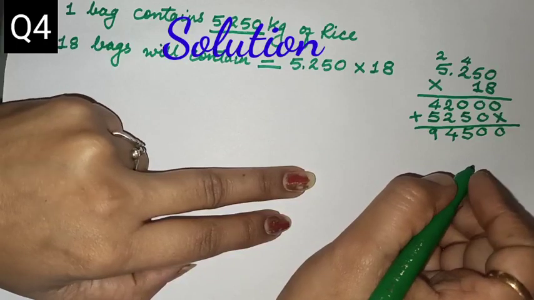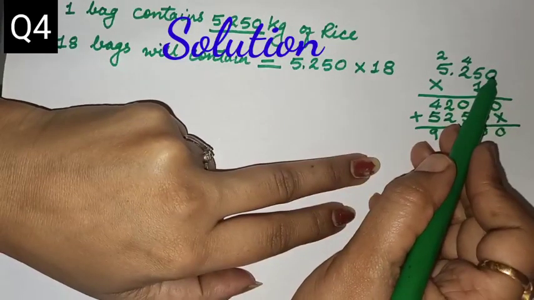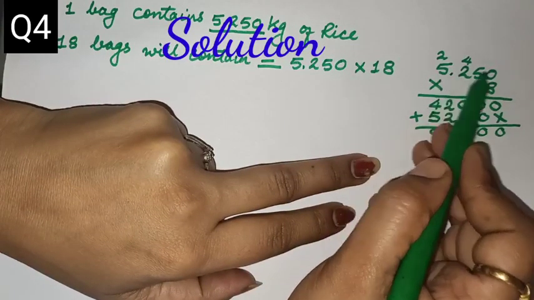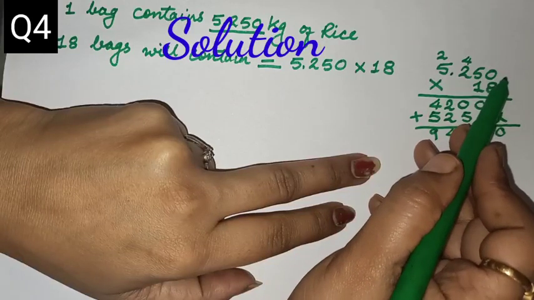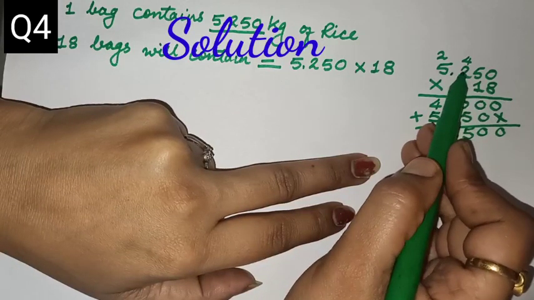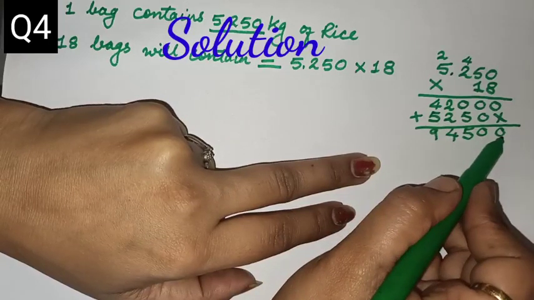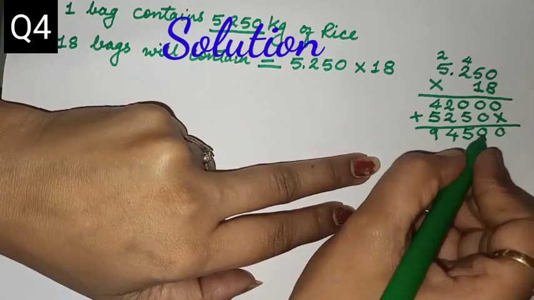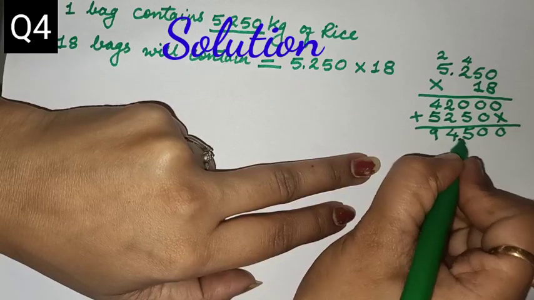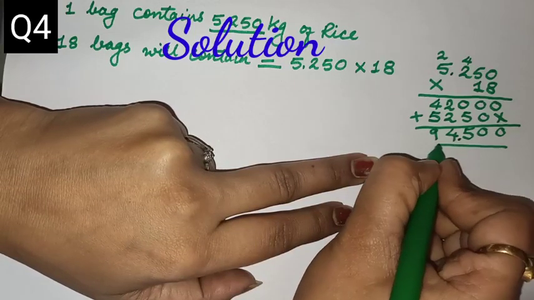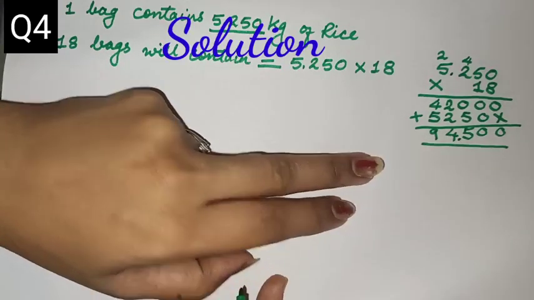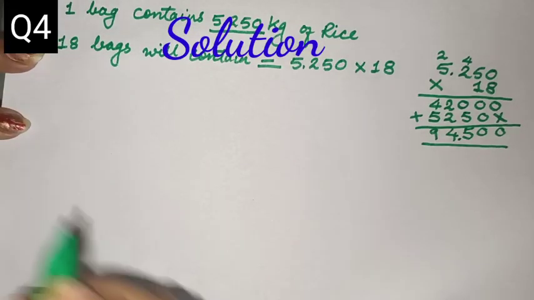94,500. Children, we will count the decimal point from the right side, from the unit side. Okay, 1 2 and 3. Here no decimal is there, so only we'll count this. So the point will be 1 2 3, 3 digits before. Answer is 94.500.